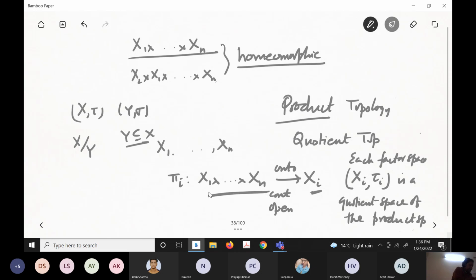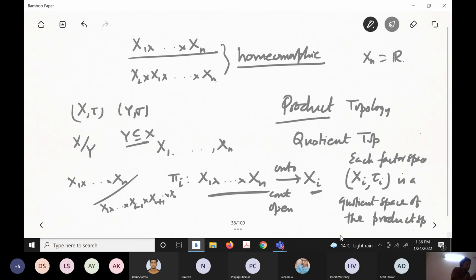If I take the product of the factors other than Xi, that is Xi plus 1 up to Xn, then it should be homeomorphic to Xi. Actually, it comes like that for nice things. If for each Xn you take R, then you can see this happening.